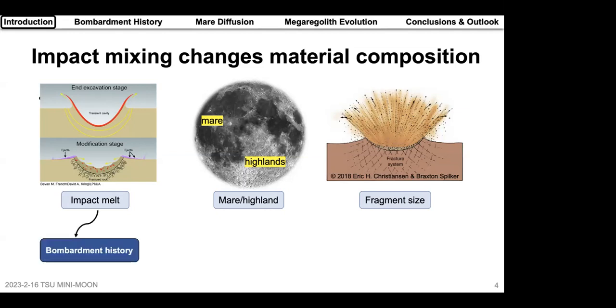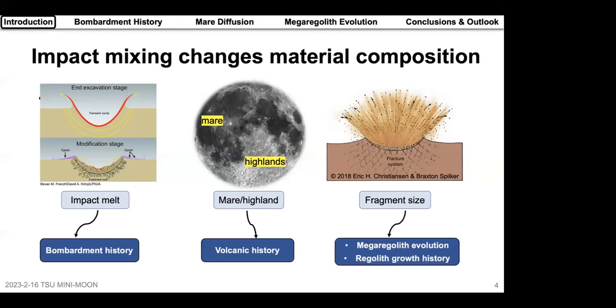For example, if we understand the diffusion of impact melt, we can constrain the bombardment history. For the mare diffusion, we are able to constrain the volcanic history. And for the fragment size, by understanding how the size evolves with time, we can understand the evolution of the crust.